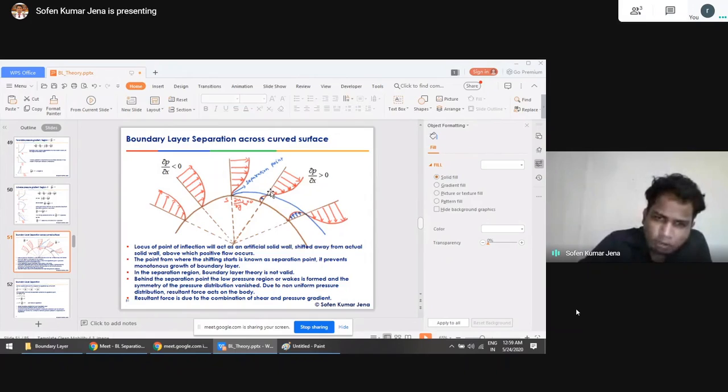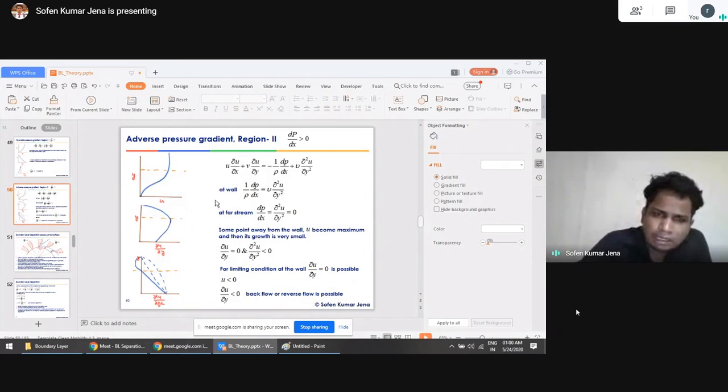The amount of forward force given by the boundary layer on the top in the free stream direction, the same amount of inward pull is given by the boundary layer at the bottom. So as a whole, what will happen? The net force remains the same, and the molecule will stick over here. That's why it's a zero shear kind of thing, right? The same force from the top, the same force from the bottom.